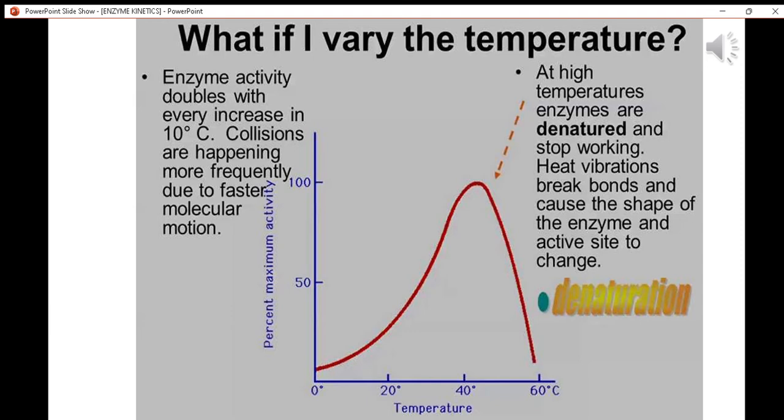Here the enzyme activity doubles with every rise of temperature by 10 degrees Celsius, because as the temperature increases, the substrate molecules are getting more energy, they are colliding faster and they can take part in the chemical reaction.